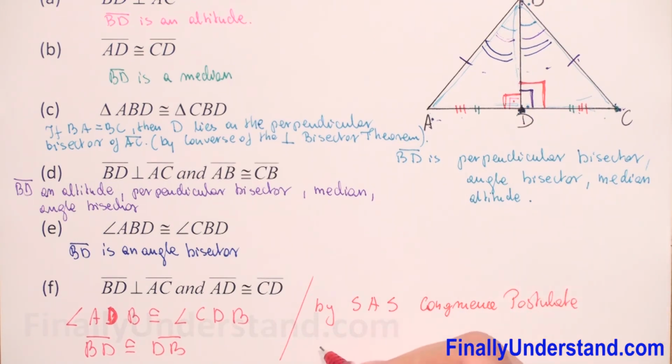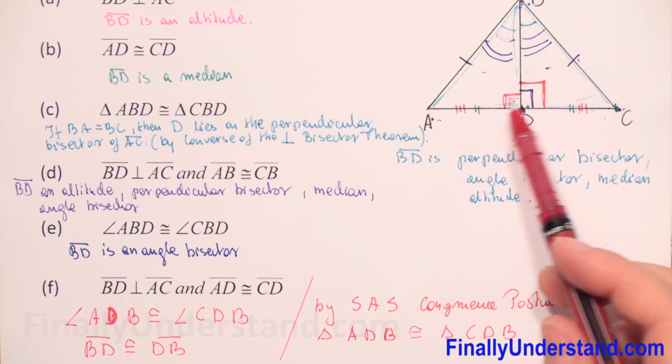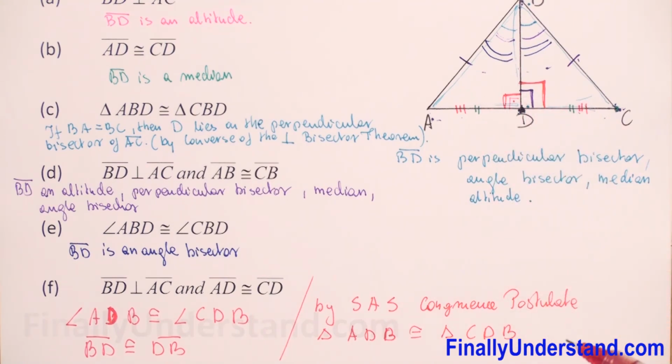we have that triangle ADB is congruent to triangle CDB. So if these two triangles are congruent, it means that corresponding parts of congruent triangles are congruent.